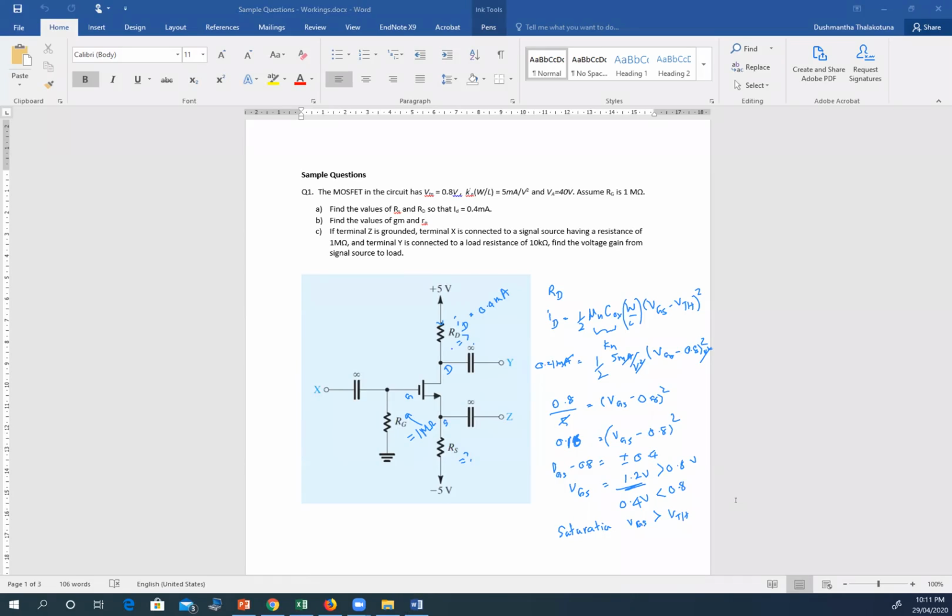Okay, so I'll have to delete this, because if I'm going down, so that's the answer. So at the moment it is 1.2 volt.